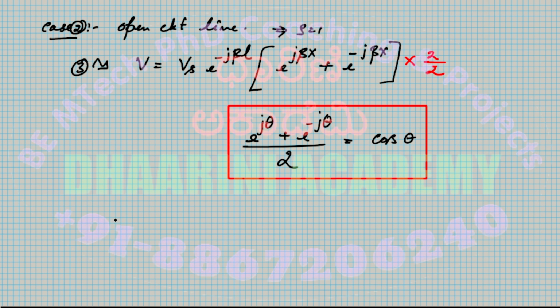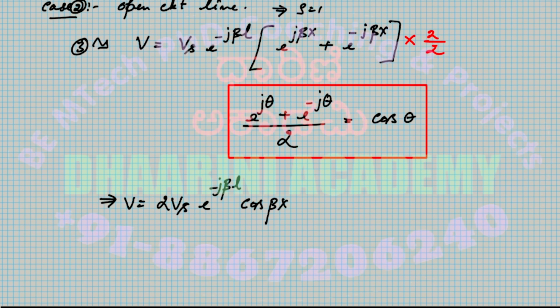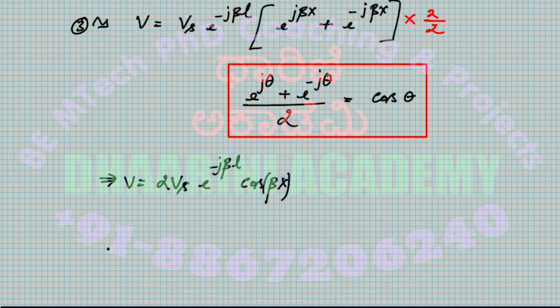So V is equal to 2 times Vs e to the power j beta L into cos beta x. So the magnitude of V is 2 Vs times the magnitude of cos beta x.